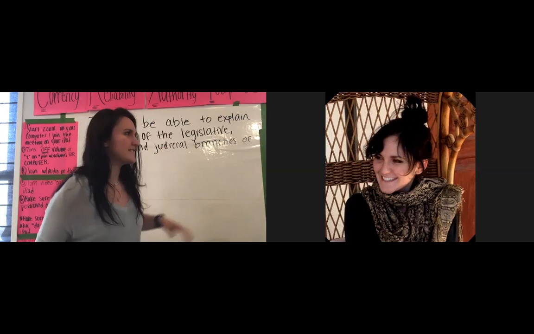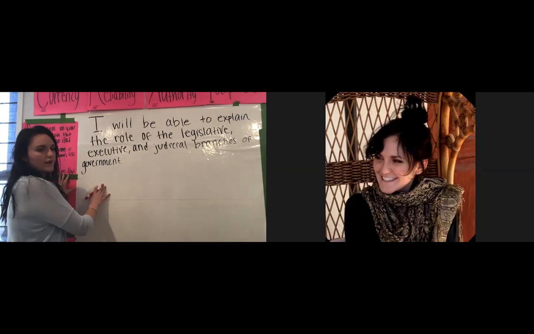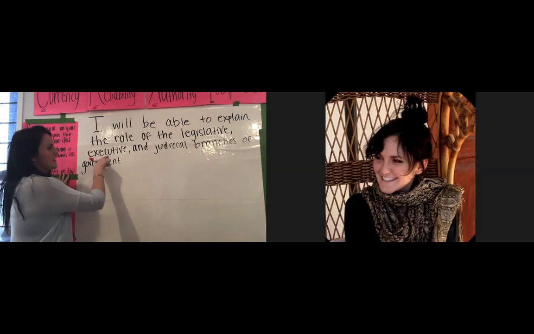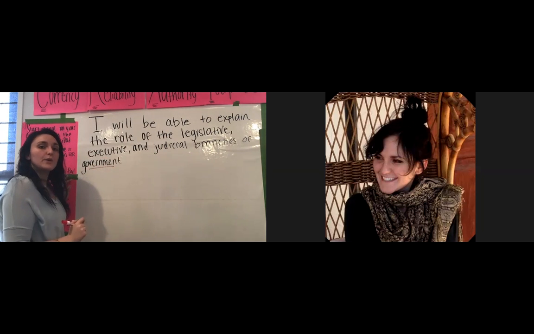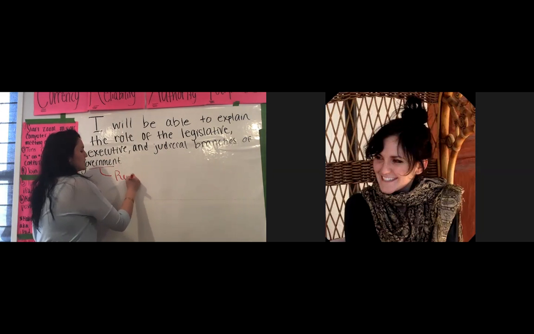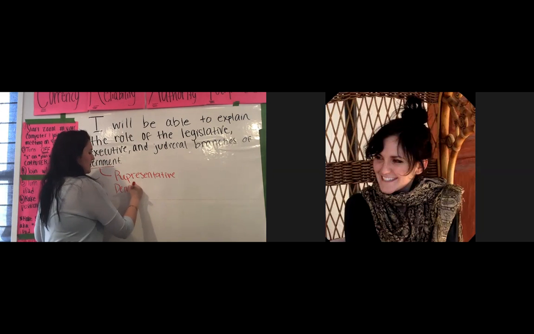Here we go, guys. I will be able to explain the role of the legislative, executive, and judicial branches of government. So we know in the United States, we have a representative democracy.